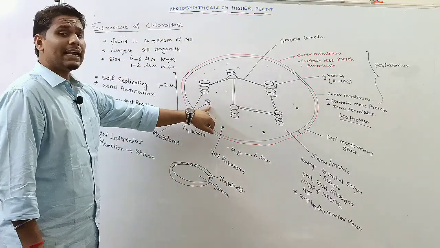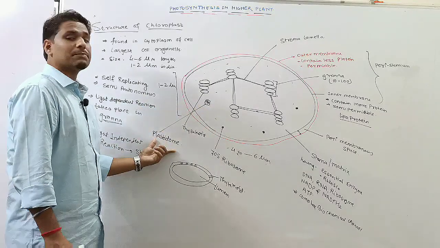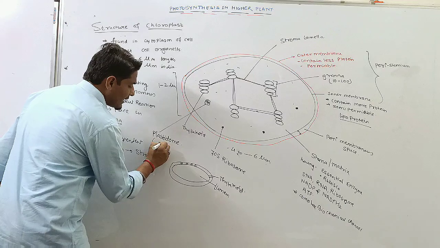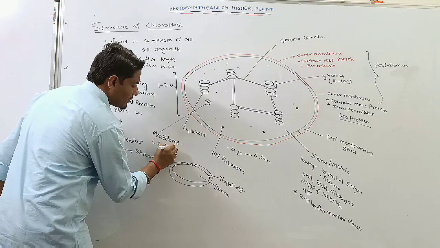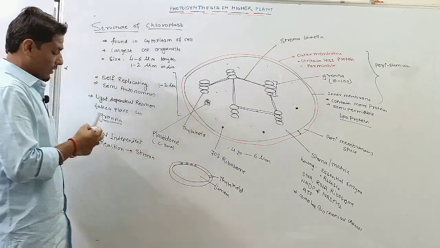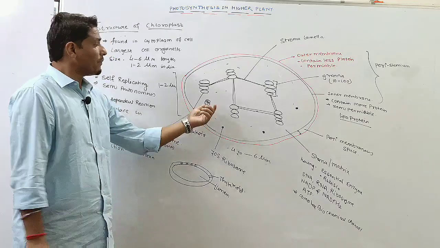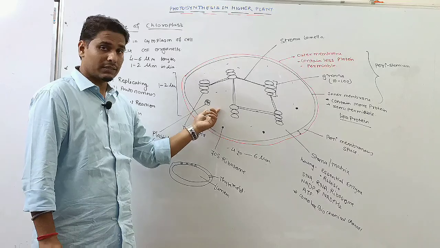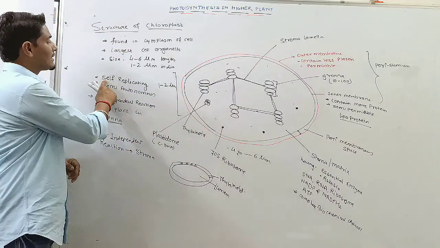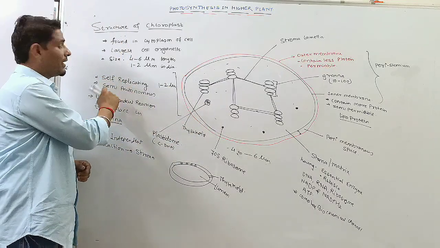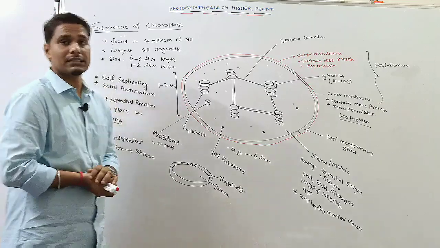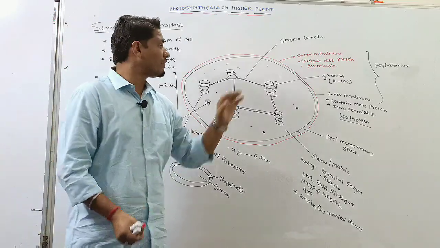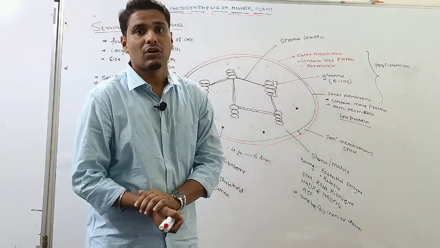Okay, so the DNA of chloroplast is called plastidome, and it is also nothing but cDNA. Okay, so chloroplast contains circular DNA. That is why it is a self-replicating and semi-autonomous cell organelle. So this is the entire overview or entire structure of chloroplast.